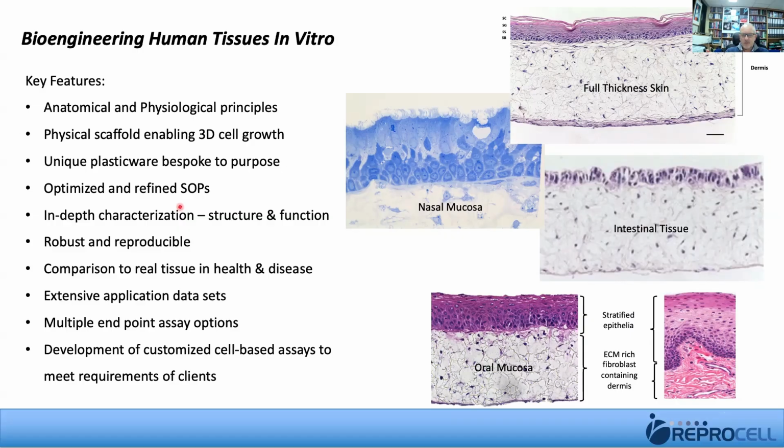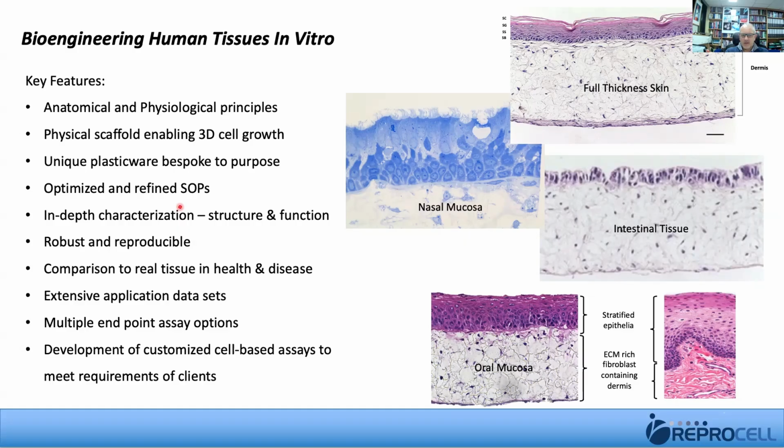We compare these models to real human tissues in health and disease, depending on the nature of the model. Also standing behind these models are extensive sets of data, application notes, white papers, scientific publications. As we go through this presentation, you will see that these technologies can be analyzed using a whole range of different endpoint assays.